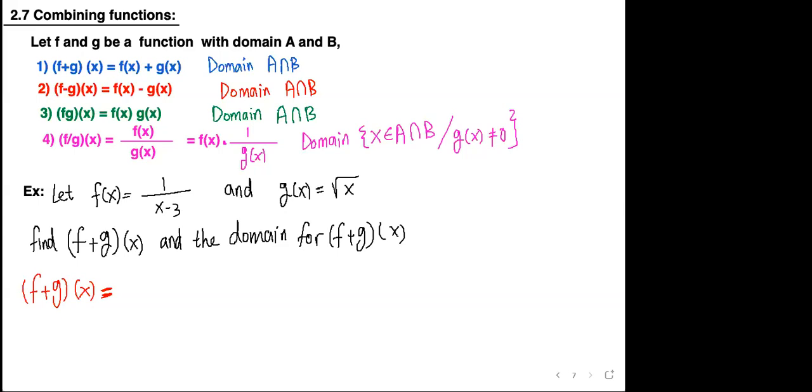So does that mean 1 over x minus 3 is equal to the square root of x plus the square root of x? Do you add, or put an equal sign?